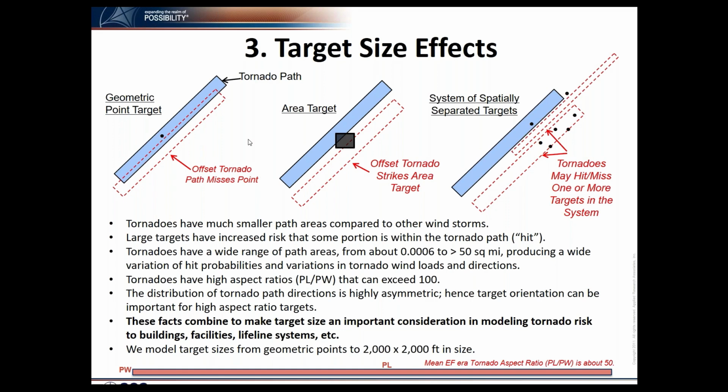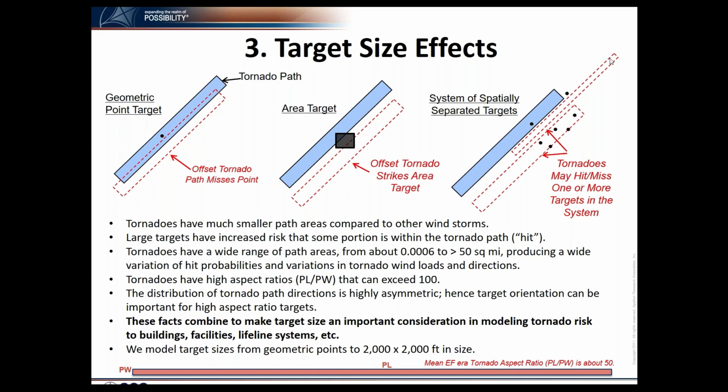And many of you know there is a target size effect on the tornado hazards. Here is one example showing that for the point target, if the tornado path is slightly offset from this point target, it is not affecting this point target. Point targets we can consider as a pole structure or a transmission tower structure. Whereas for the same offset, it can affect a large area target.